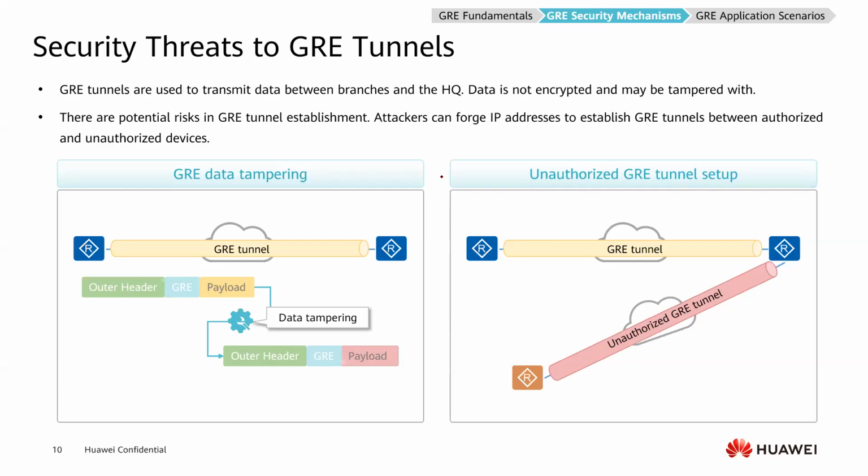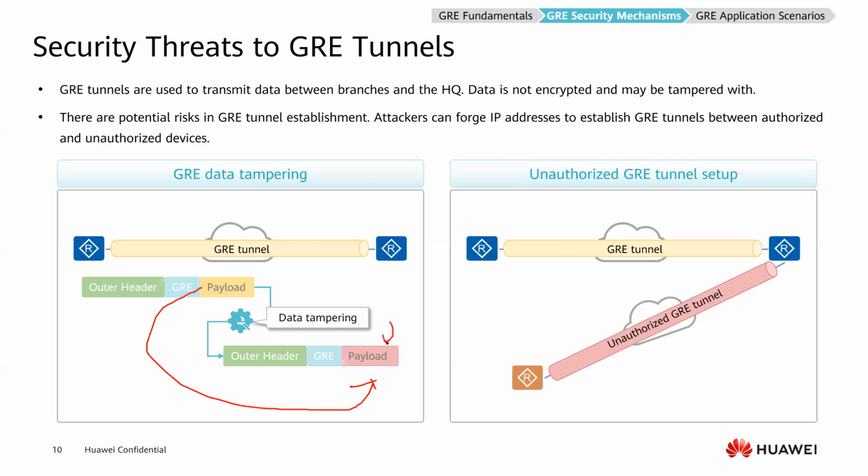Another is the security mechanism for GRE. As we said, for GRE data there are two types of risks. First, the GRE data might be modified when it's sent to the other side, because GRE by default has no encryption and no security feature; it cannot be encrypted by GRE itself.